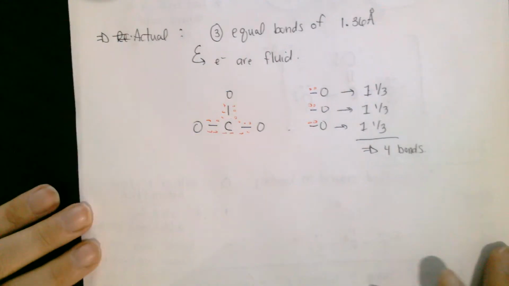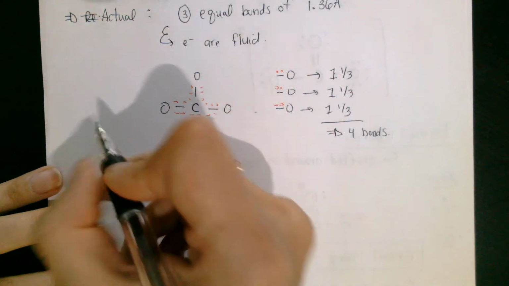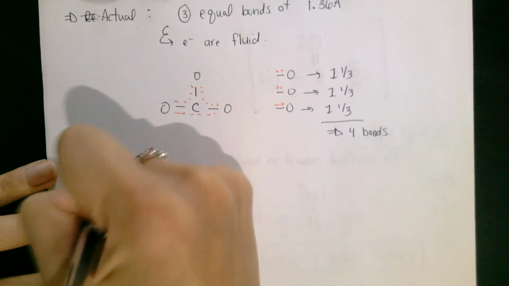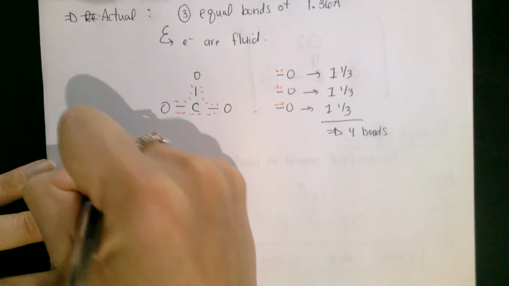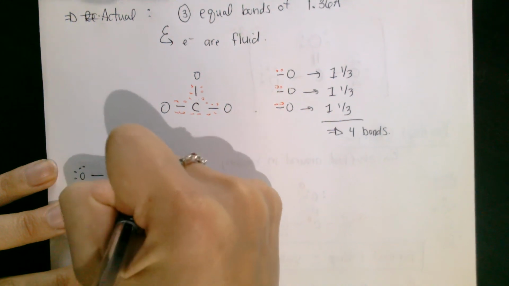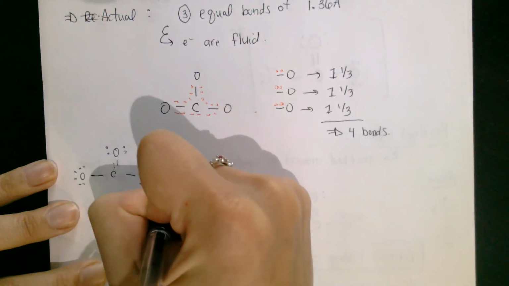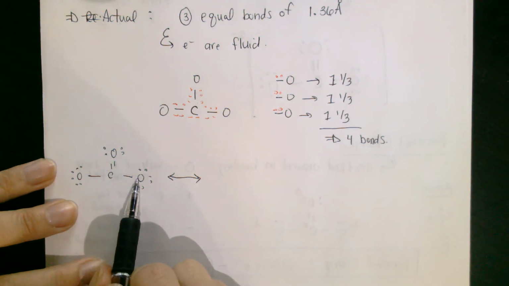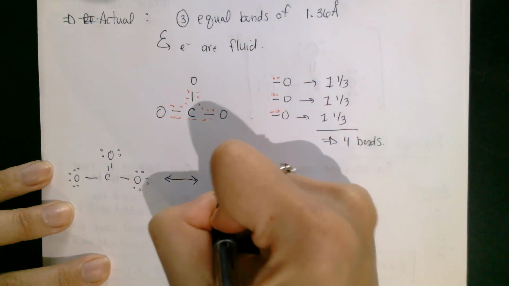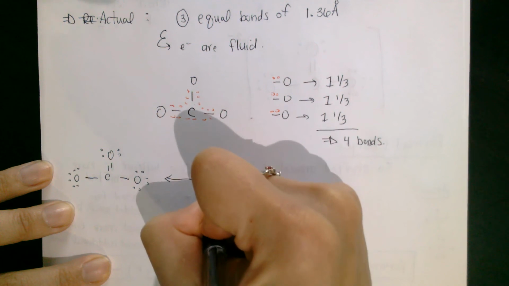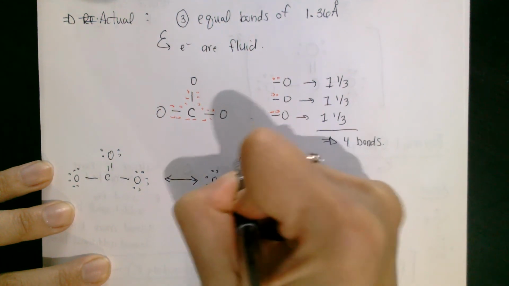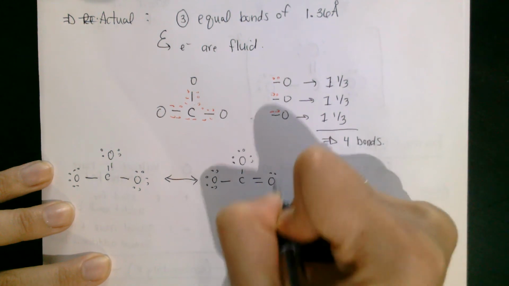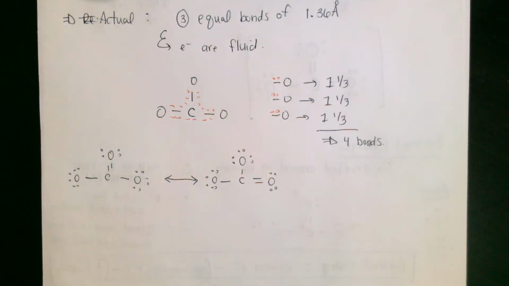The way we show that is with what are called resonance structures. I'm going to take my original structure here that we have drawn this way, and we say, this doesn't have to be this way. This double bond could be over here. So that's another structure. Now we've moved the double bond over here, so this is a second unique structure.